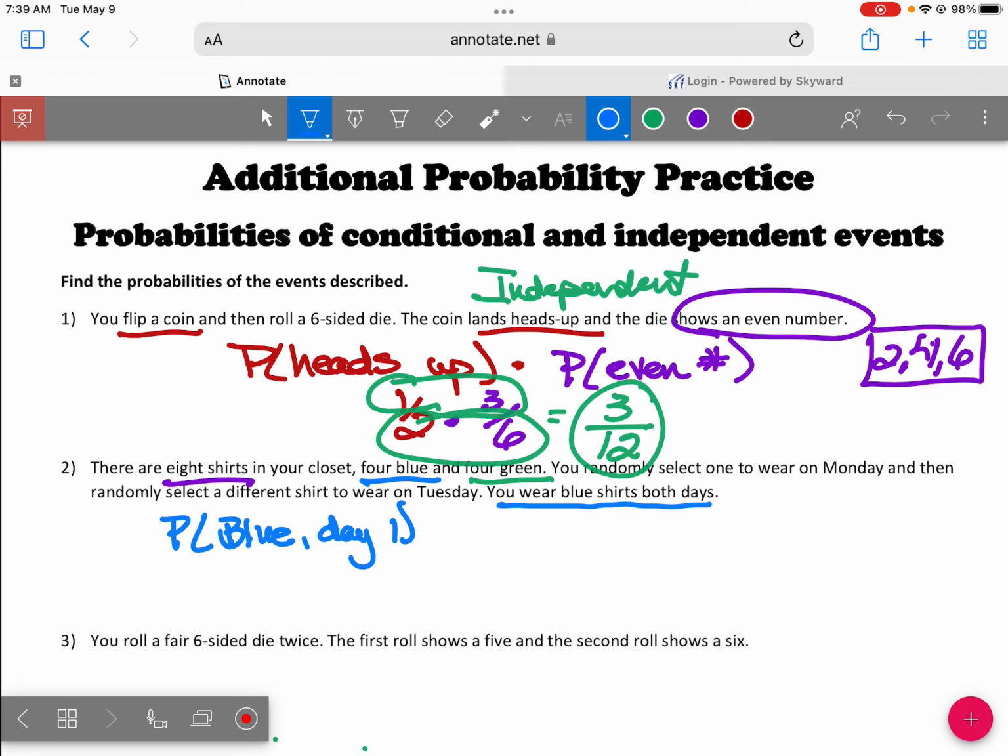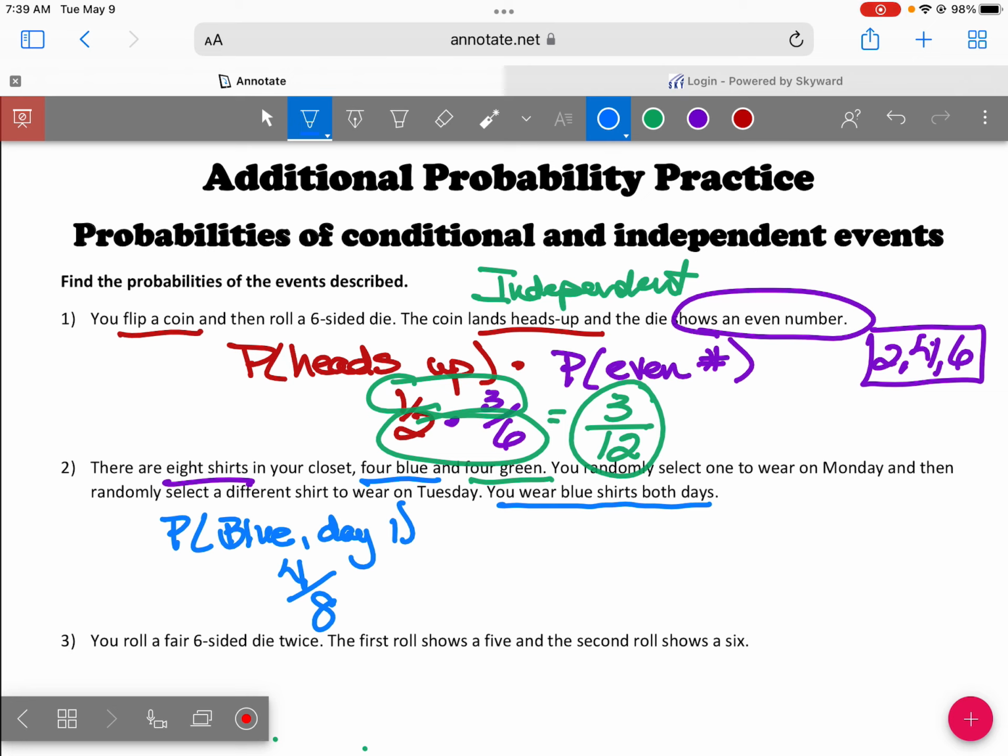What is that probability of wearing blue? How many successes could I have? 4 out of 8, because I have 4 blue. So it's going to be 4 out of my 8 total.